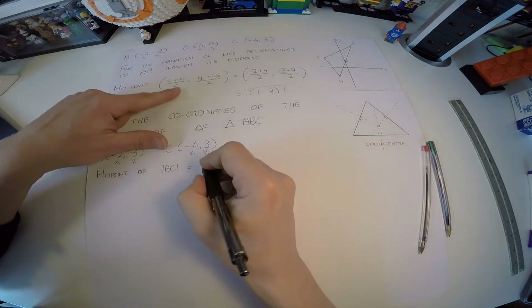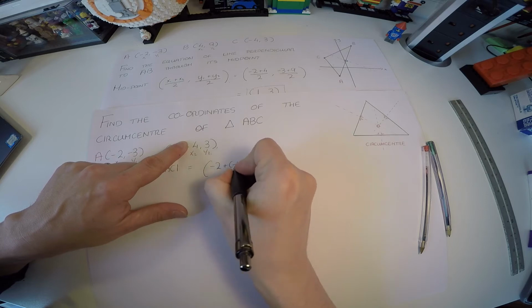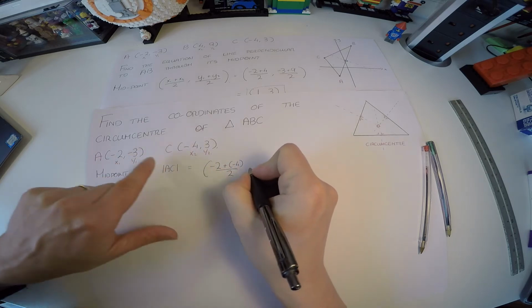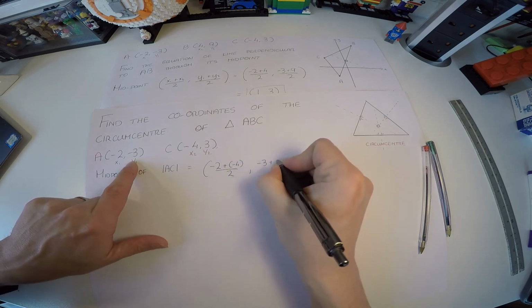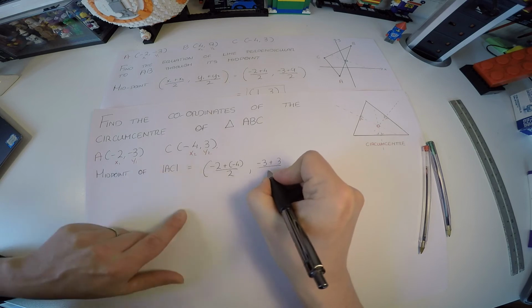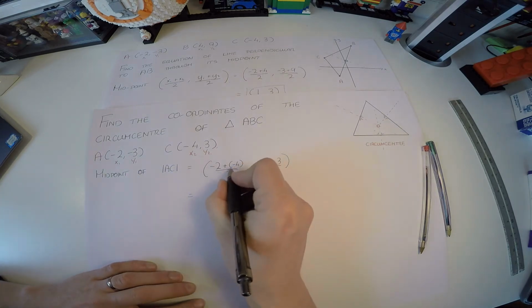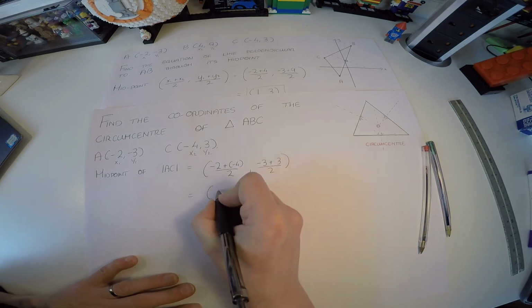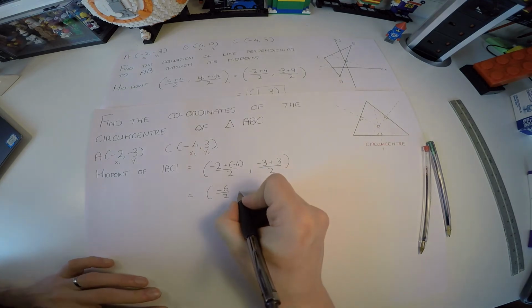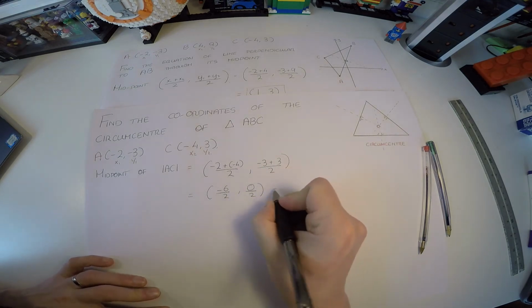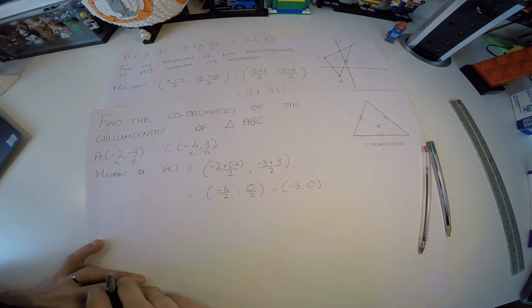So we have (x1 plus x2) over 2, that's minus 2 plus minus 4 over 2, comma, (y1 plus y2), that is minus 3 plus 3, and that's also over 2. And then, so minus 2 minus 4, that's going to be minus 6. So that's minus 6 over 2. Minus 3 plus 3, that is 0 over 2. So of course 2 into minus 6 goes minus 3, and of course the next point is 0. So we have the point that goes through.